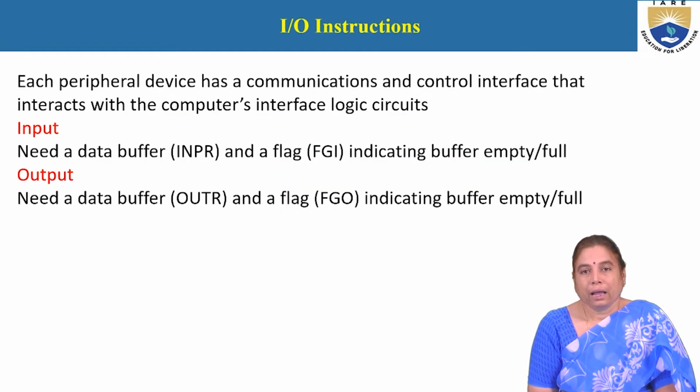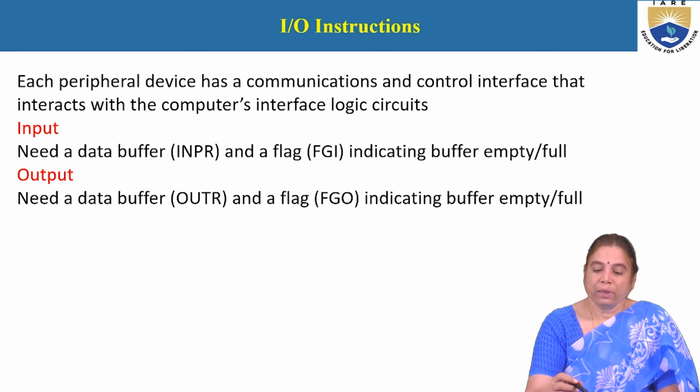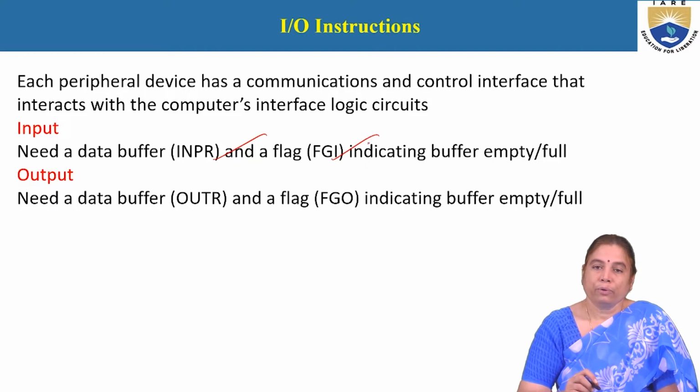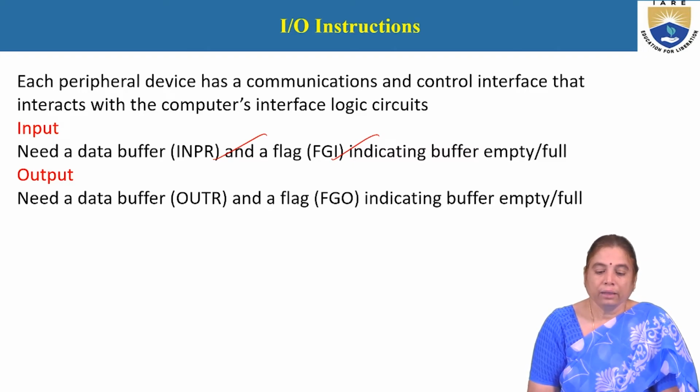Now, with interrupt-initiated I/O, the I/O instructions can raise the interrupt. During input, the INPR register is associated with a flag FGI to indicate that the input interrupt can be enabled or disabled. The buffer status is indicated.